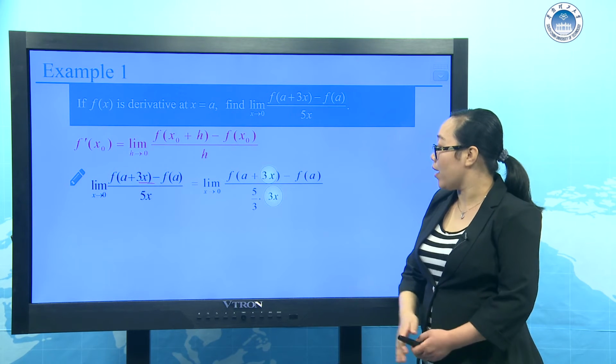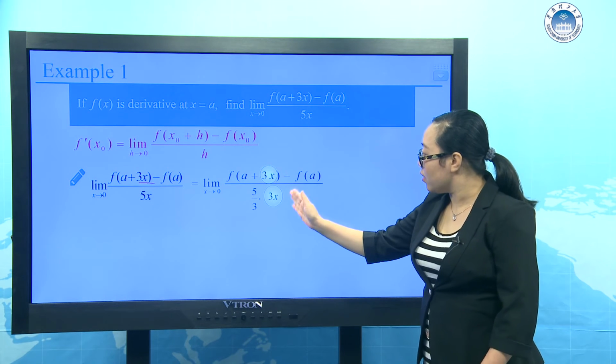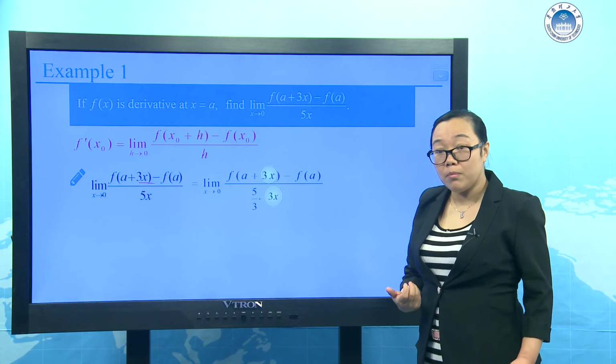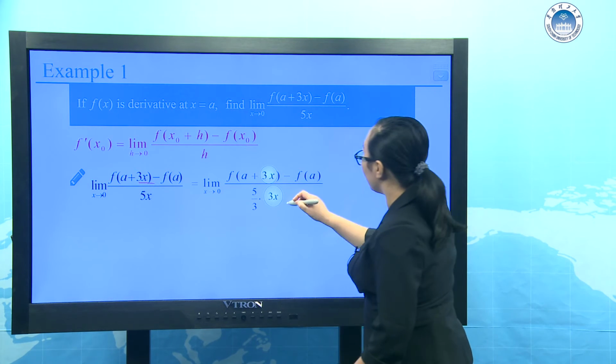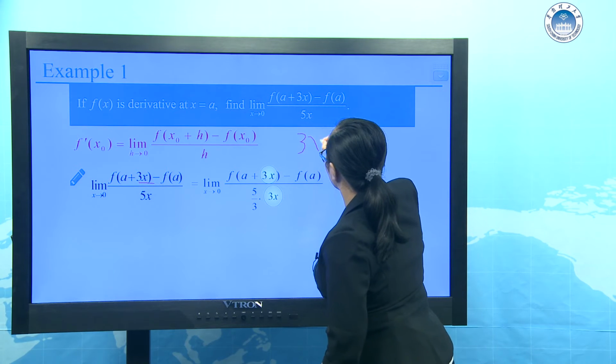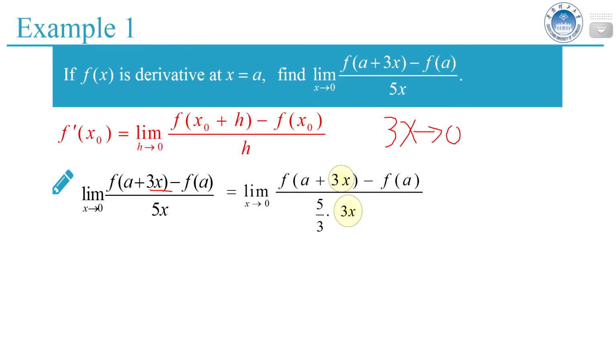You'll be happy. Why? A plus h. You can tell me, oh teacher, 3x tends to 0. Yes, h tends to 0. Pay attention to this: 3 is a constant, and x tends to 0. So we write the limit condition x tends to 0. Now we can write it in this term, 3 over 5 times the limit. The limit exists.